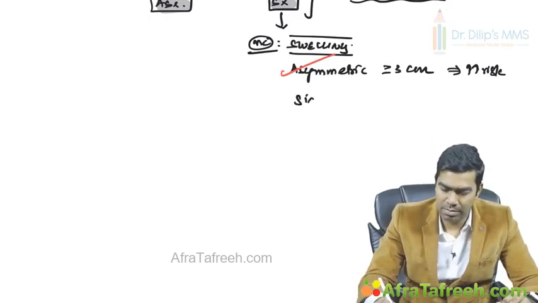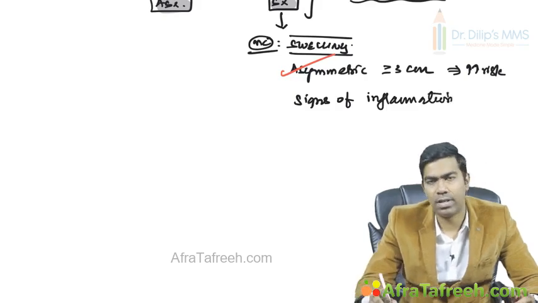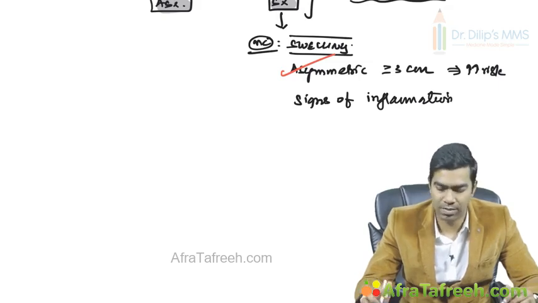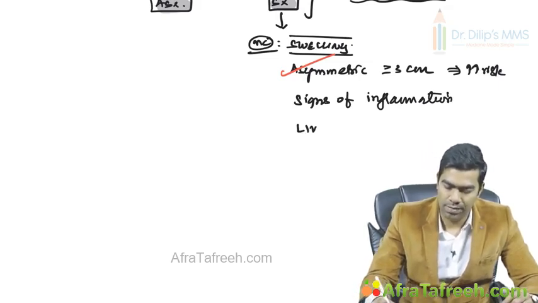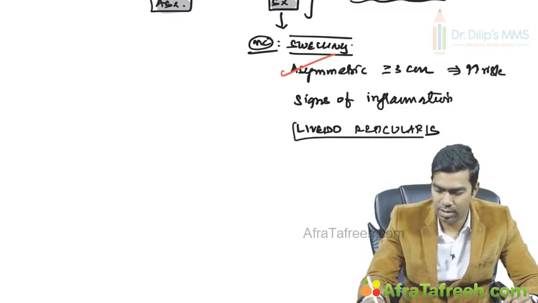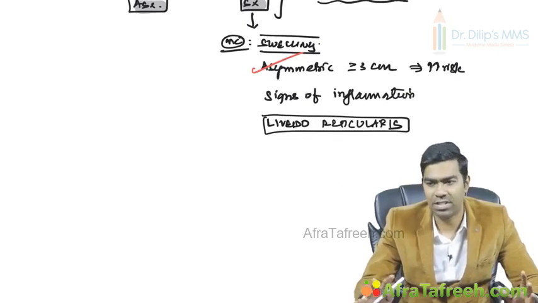Then you can see some signs of inflammation also in the local area. Again, which are very non-specific, but still this temperature and redness in the local area are very common in a patient with a DVT. And very importantly, you can see one sign called the livedo reticularis. This livedo reticularis is a type of rash which has a fishnet kind of appearance.